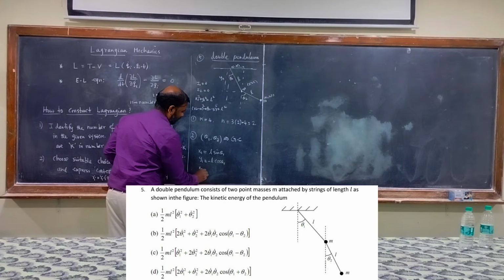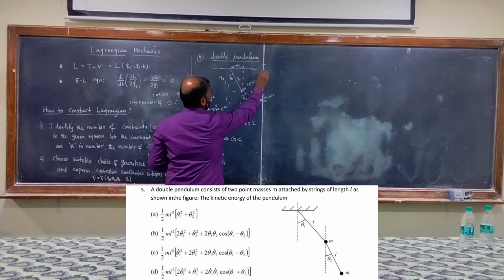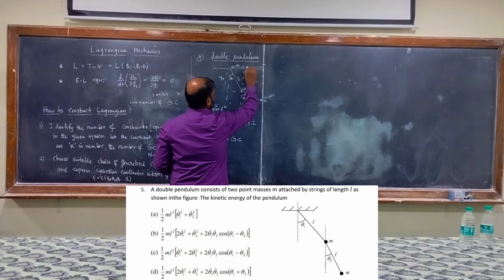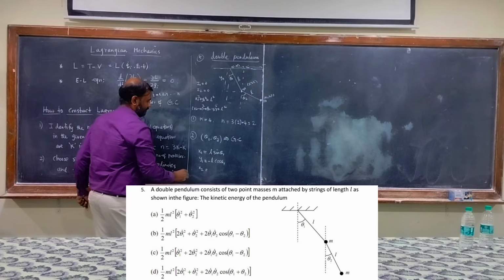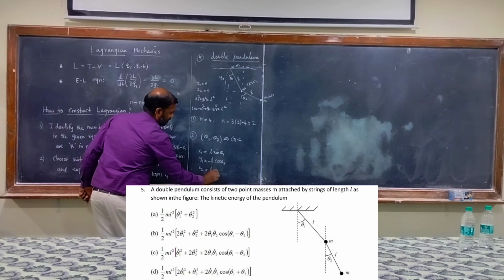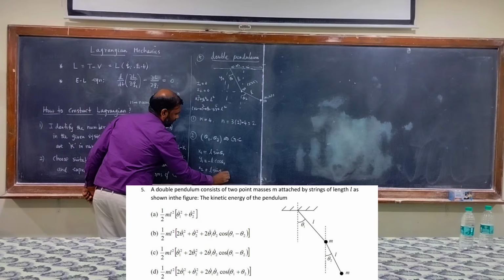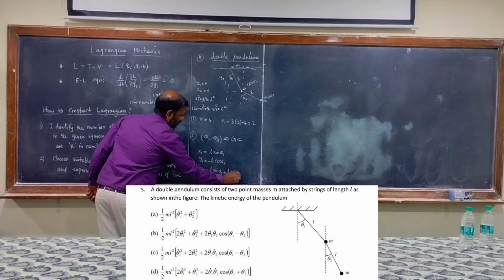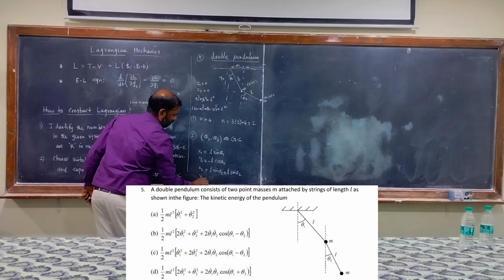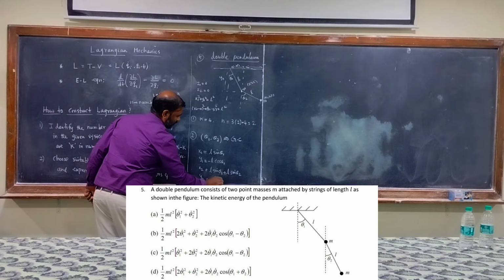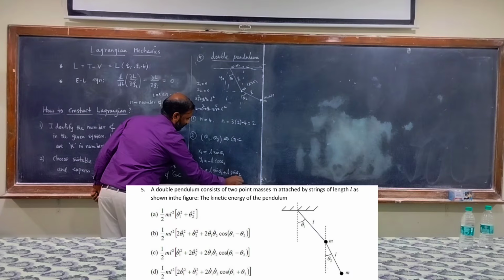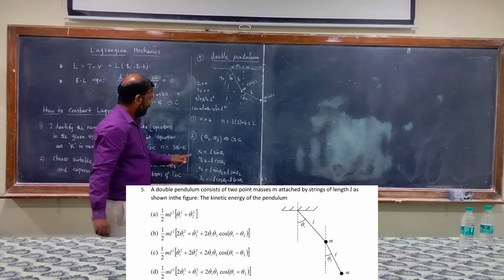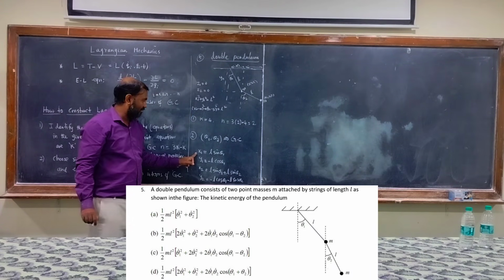What about x2? x2 is x1 plus this fellow. Tell me. L sin theta 1 plus L sin theta 2. Very good. What is y2? Minus L cos theta 1 minus L cos theta 2. Very good.